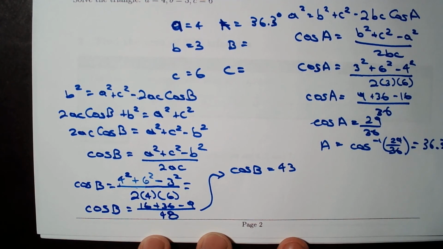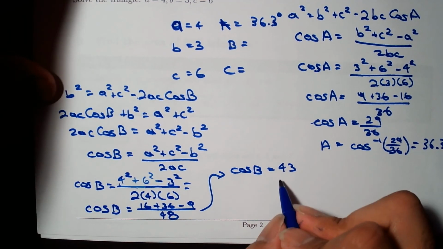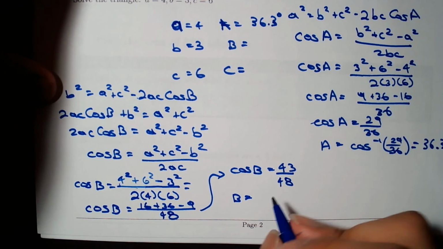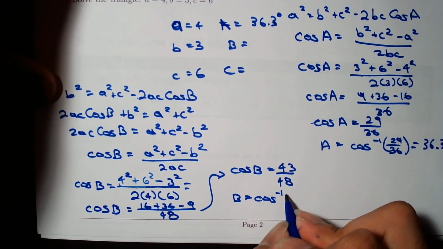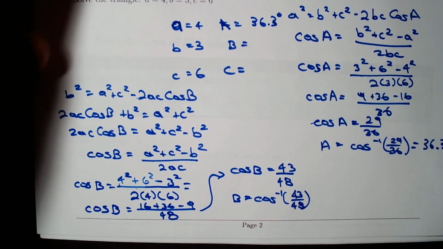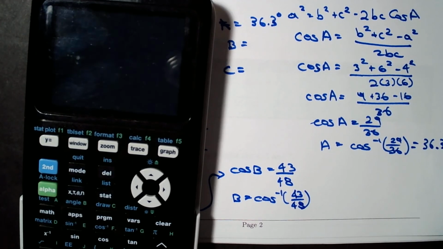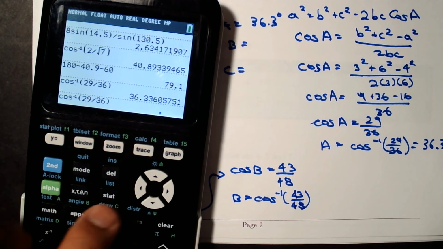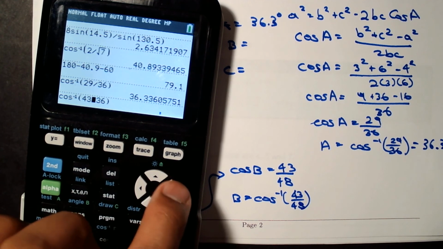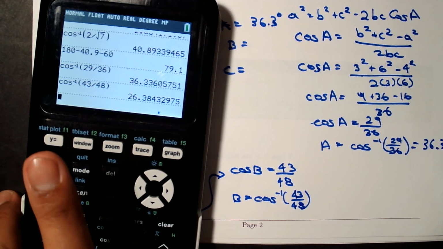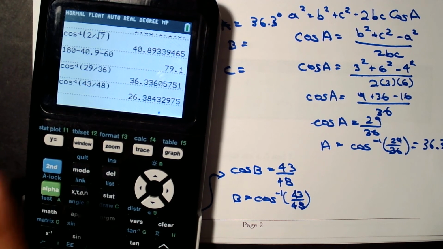All right. And divide that by 48. And angle B will be cosine inverse of 43 over 48. And let's do this in the calculator. 43 over 48, and that's 26.4 basically.